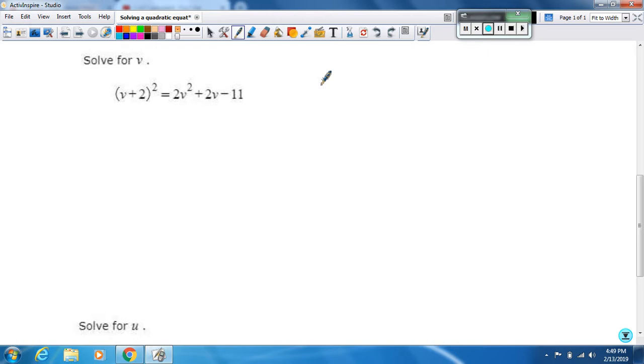Okay, for this next one, I'm going to simplify the left-hand side with our special product rule. So that's going to give me a trinomial. I'm distributing the squared, so v squared. At the end, it's always a plus, and then 2 squared, 2 times 2 is 4.